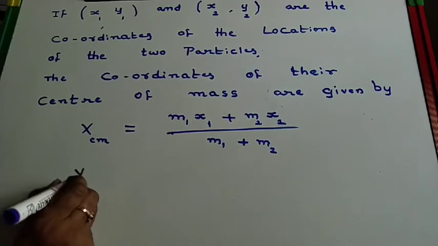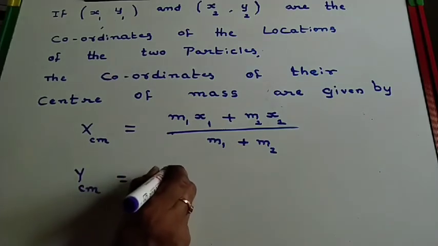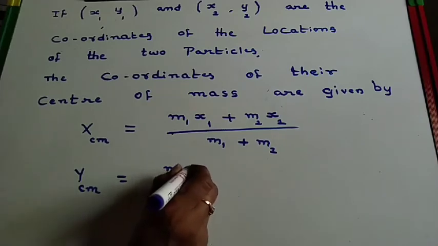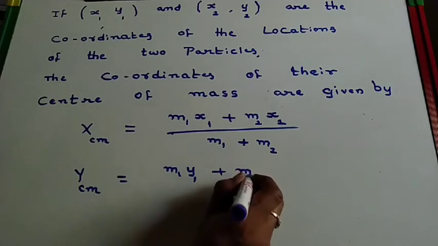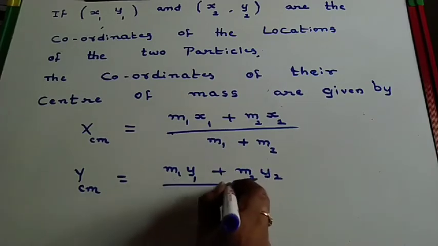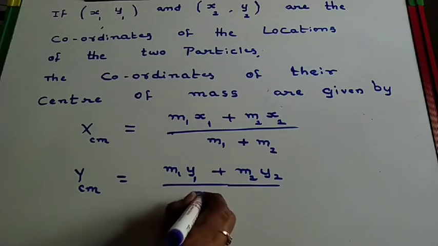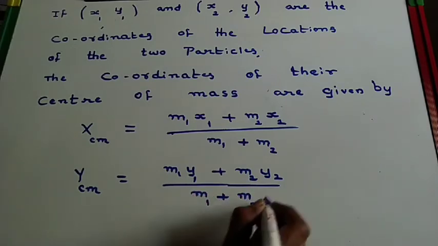At the same time, ycm is equal to m1 y1 plus m2 y2 whole by m1 plus m2.